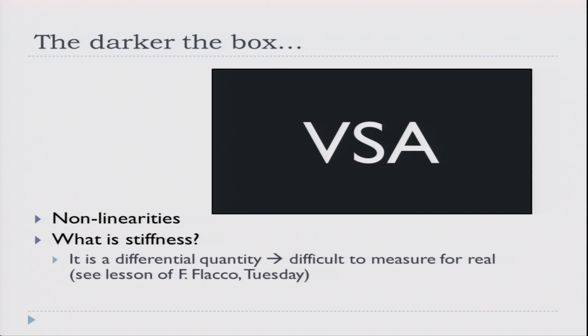And another problem, which is something that Fabrizio Flacco will talk about on Tuesday, is that one of the, let's say, shady concepts here is: what is stiffness? Stiffness is a differential quantity, so it's difficult to measure for real. It's not something you put a sensor on. And that's why it's difficult to make a feedback on this. And it's better to make it centralized to some extent. Decentralized, sorry.